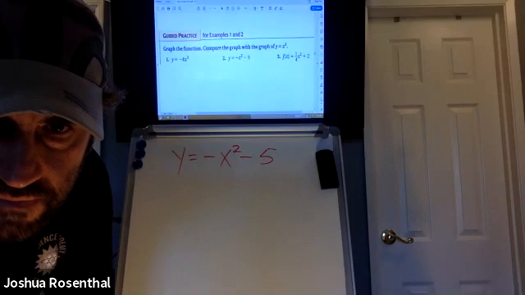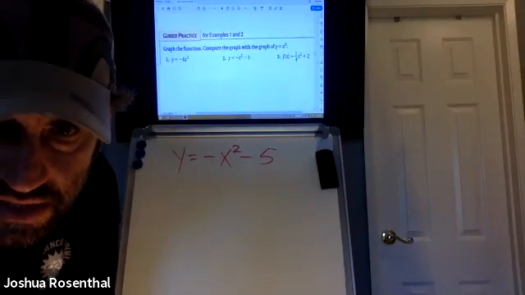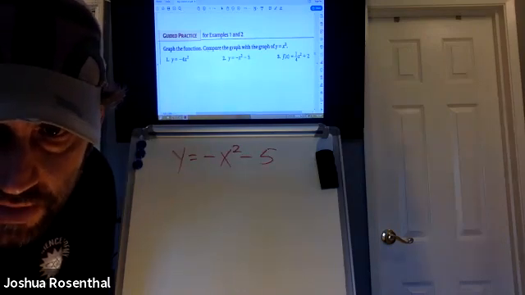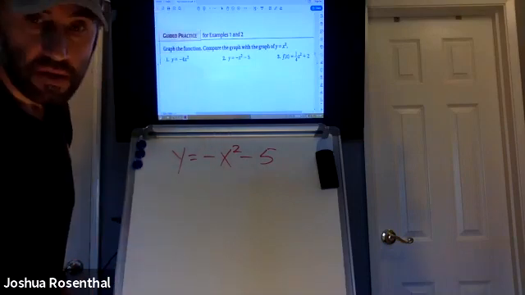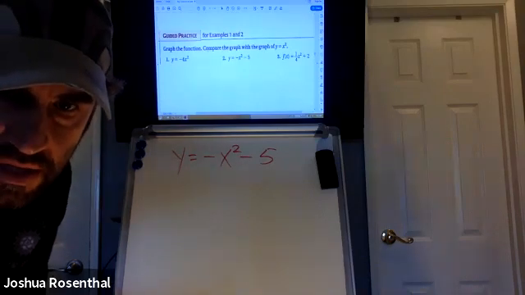Parabola moves down. That's only part of what happens. Flips upside down and moves the vertex down 5. Keep going. Type what you think. Moves down 5 and flips.